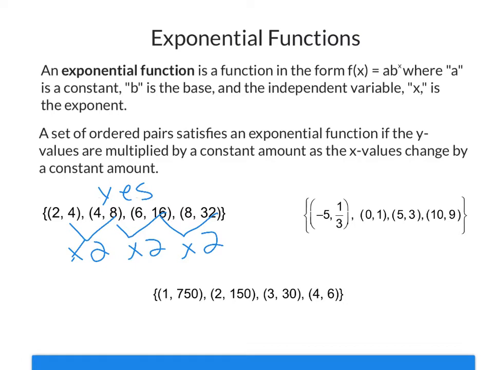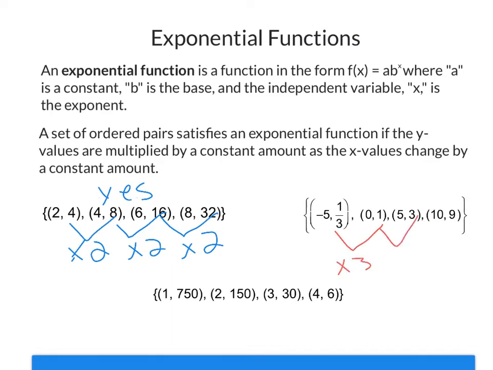Looking at the second set of ordered pairs, starting with the x values, I have -5, 0, 5, and 10. They're all going up by 5 each time. So then I start looking at my y values. To get from 1/3 to 1, I have to multiply by 3.